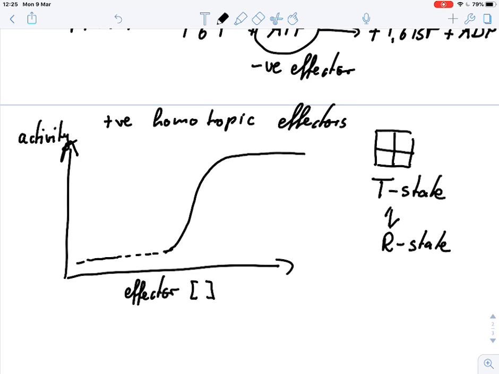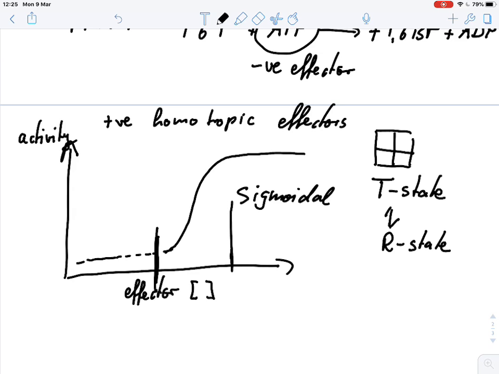And actually, if you think about it, this is really nice. By the way, this is called a sigmoidal shape, or S shape of that curve. And what it does is, it is also very often quite useful as a sensor, because the cell can sense how much of the substrate is actually present. So before we reach a certain threshold, the cell says, no, we are not going to do anything, right?